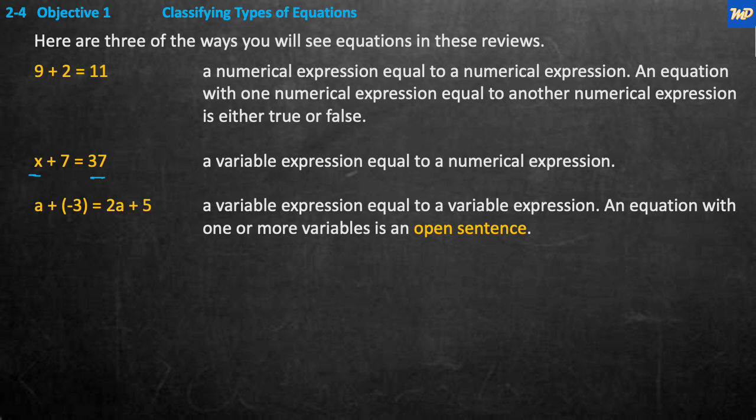An equation with one or more variables is an open sentence. When we're talking about a variable expression equal to a variable expression, you see it here. We have a plus the quantity -3 equal to another variable expression, 2a plus 5. Those are both variable expressions. There are two of them in this equation, separated with an equal sign.